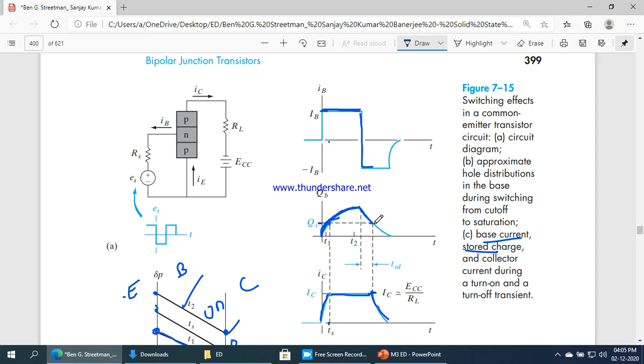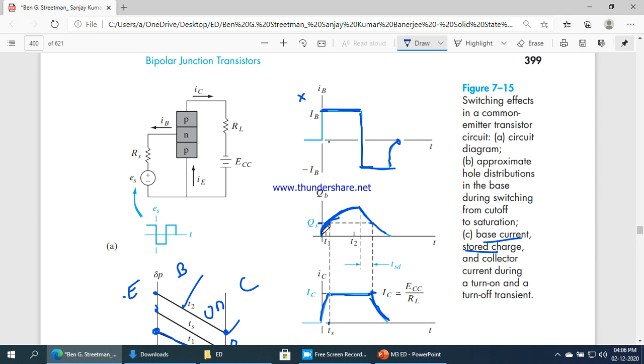When it reaches the value of Qs, at that time the collector current IC will decrease, and again the negative peak. When it completes the negative peak, finally the base current cannot be negative always, so it will go to the zero value. As you can see over here, the curves are not straight exponentials except the base current.